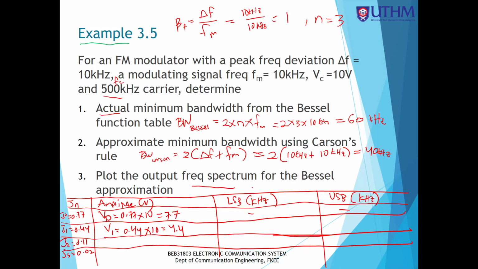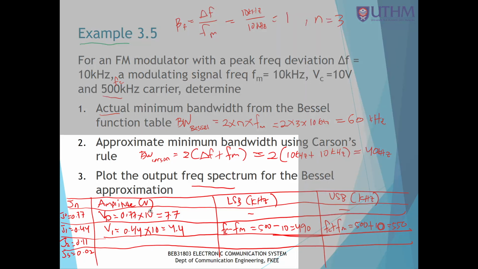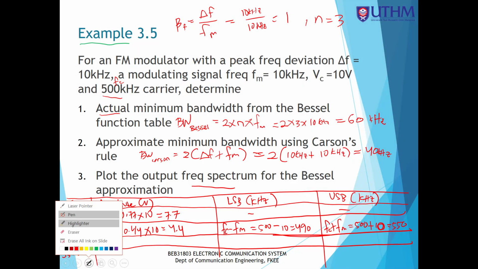And for the lower sideband, this is located at FC minus FM, which is 500K minus 10K, so you're going to get 490 kilohertz. And for the upper sideband FC plus FM, this is 500K plus 10K, so you're going to get 510.